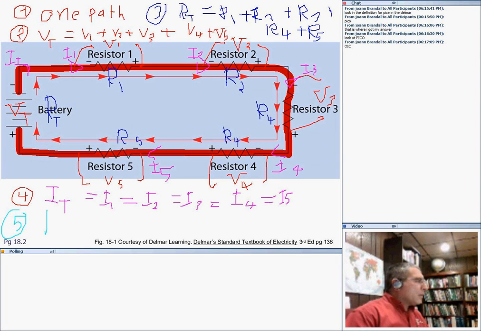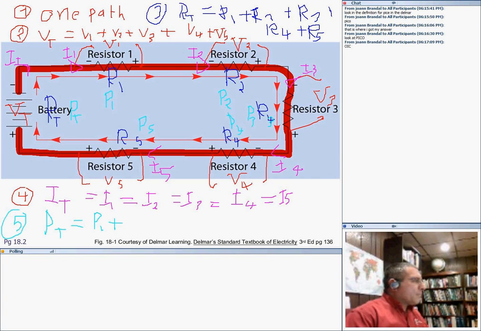Power total, the power coming out of the source, equals the power burned in resistor 1, plus the power burned in resistor 2, plus resistor 3, plus resistor 4, and also the power burned in resistor 5. The total power equals the sum of all powers burned inside every resistor.